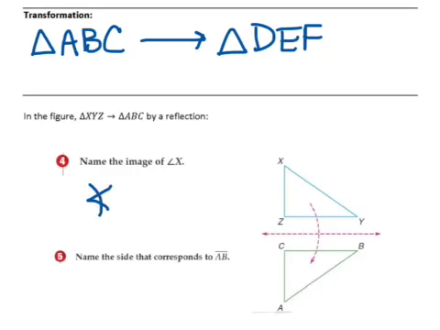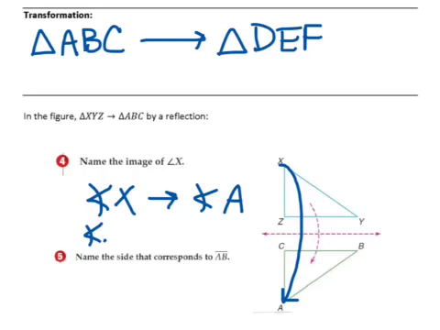So we would say that angle X was mapped to angle A, therefore angle A is the image of angle X.